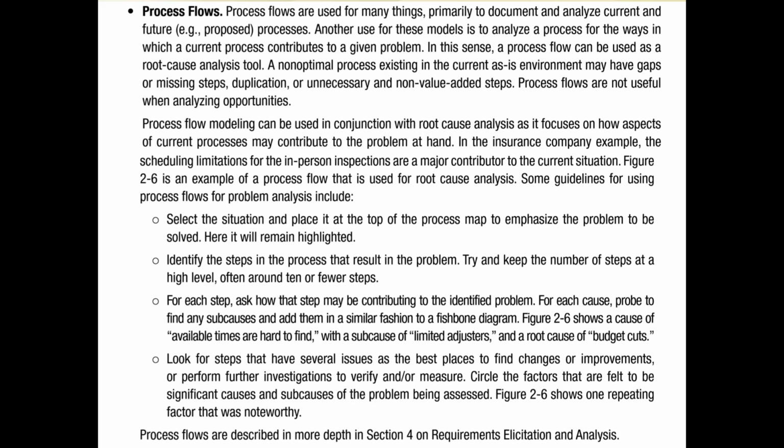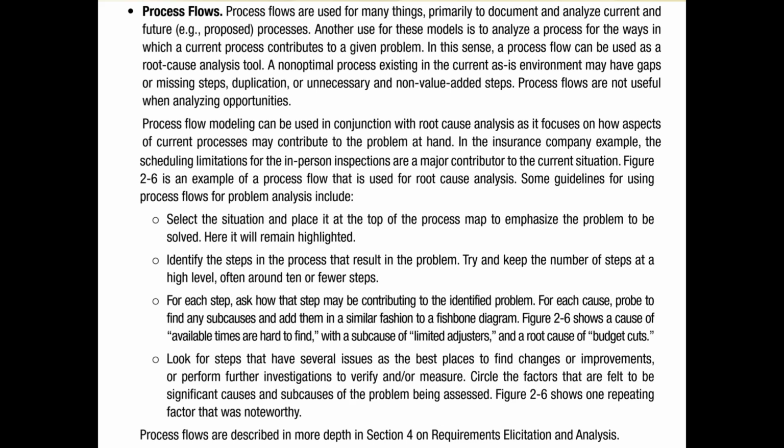Then we create a future state process flow diagram, how we want organization to work, and then the difference between as is and to be could be the gap analysis, and that would tell us how we can improve the processes from its current state to its future state. So process flow is something like that.